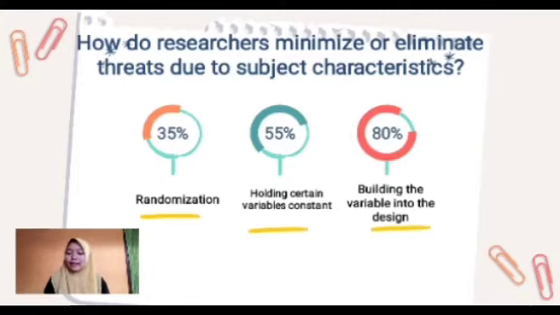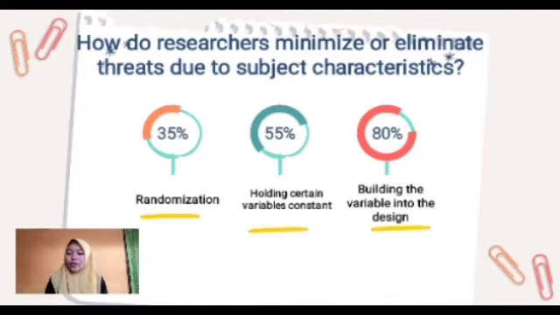The second one is holding certain variables constant. Here, the idea is to eliminate the possible effect of a variable by removing it from the study. For example, if a researcher suspects that gender might influence the outcomes of the study, she could control for it by restricting the subjects of the study to females and excluding all males.